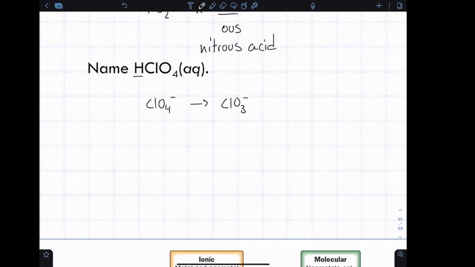So since we have one more oxygen here, this is perchlorate. So per meaning one more oxygen. And then with the hydrogen there, that means that this is perchloric acid.